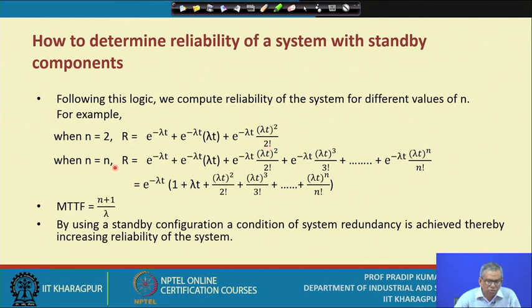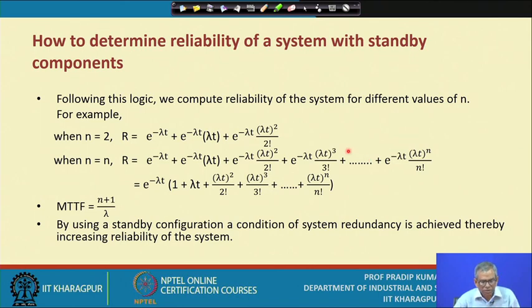When n equals n, in general what will be the expression? You proceed up to the nth term, that is e to the power minus lambda t times lambda t to the power n divided by factorial n. How many components do you have in the system? There are n plus 1, and at least one component must run so that the system can run. This is the condition, so up to n failures you may allow.